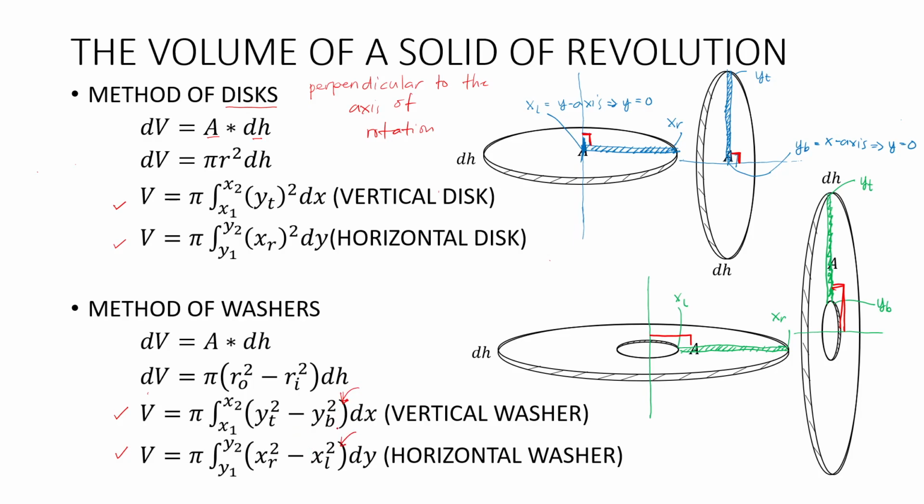And if this one is zero, it is completely the same as the method of disk formula. I just presented them separately so that at least you can appreciate the shape of the disk and the washer. But in terms of formula, you can just use the formula for the method of washer. If you are going to evaluate it using the method of disk, the y bottom and the x left component will be zeroed out in the process of your calculation.